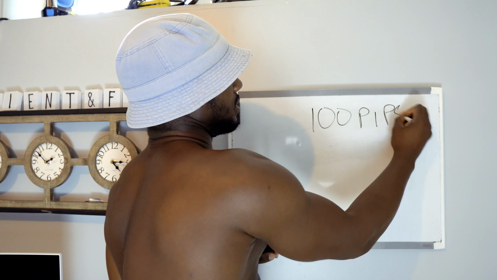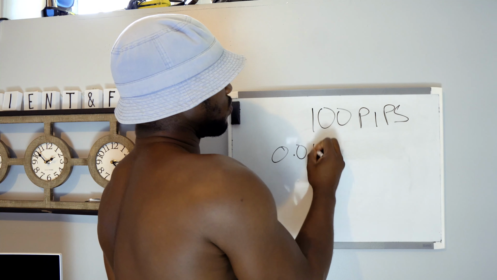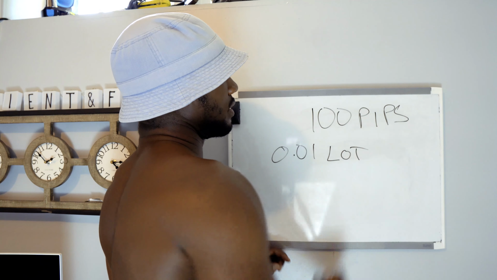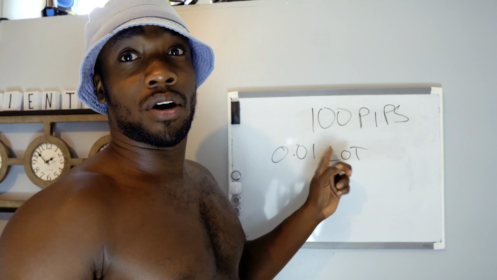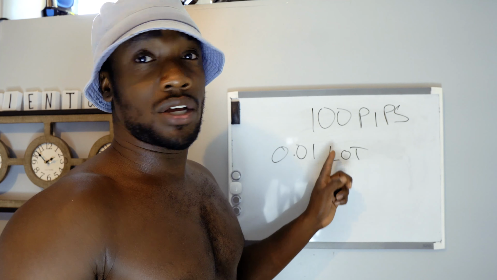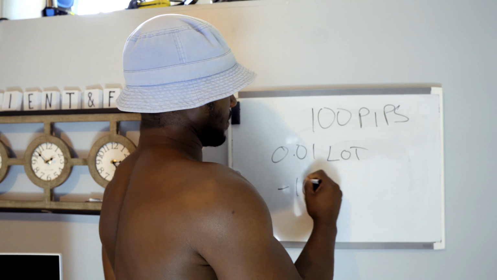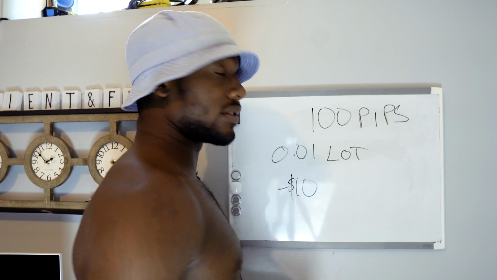So that means if you took a 0.01 lot, okay, you would be down with 1,000 pips. 1 penny per 100 would give you $1. You'd be down 10 bucks, okay? $10 for 1,000 pips.